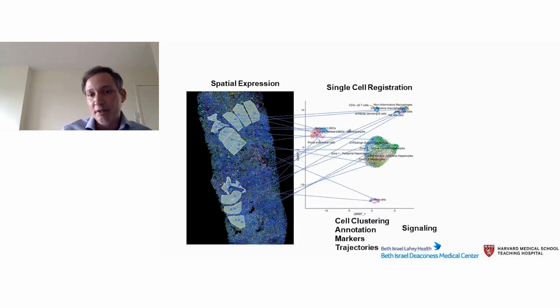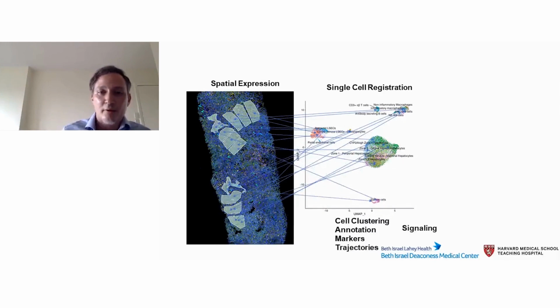We can, for instance, answer the fundamental question: I have this very interesting macrophage population in my single cell. Are those macrophages in a specific region all together? Are they scattered across the tissue, or are they in specific subregions? And if yes, what are those regions and what other cells are there?